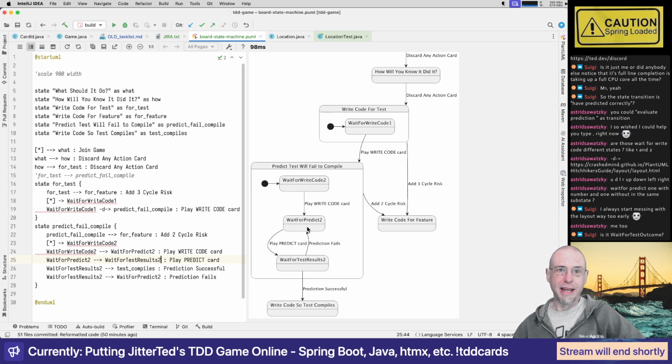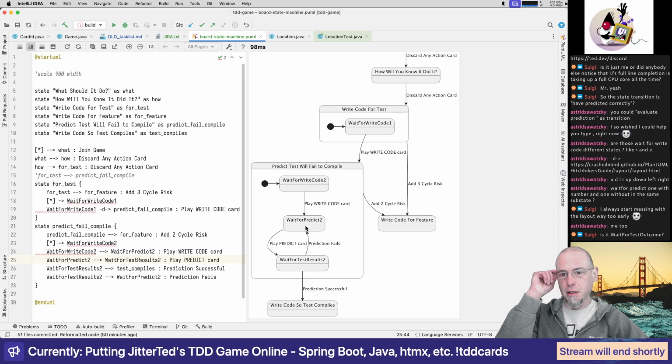If the prediction fails, you will now have to play another predict card.